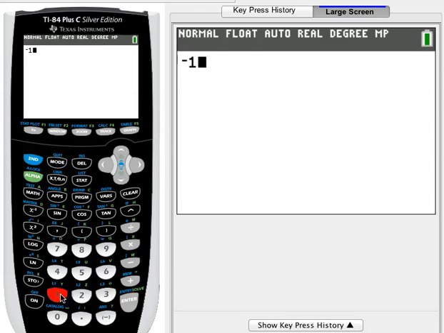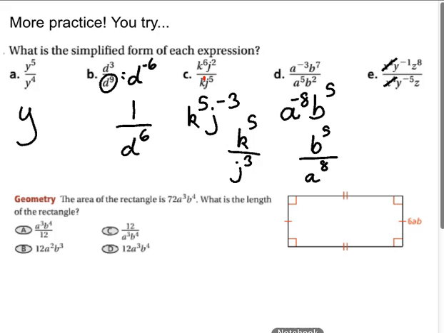Subtracting a negative is the same as adding it. So that is actually going to become 4. Okay? So we're going to get a y to the 4. Then z to the 8 divided by z to the 1. 8 minus 1 gives me 7.